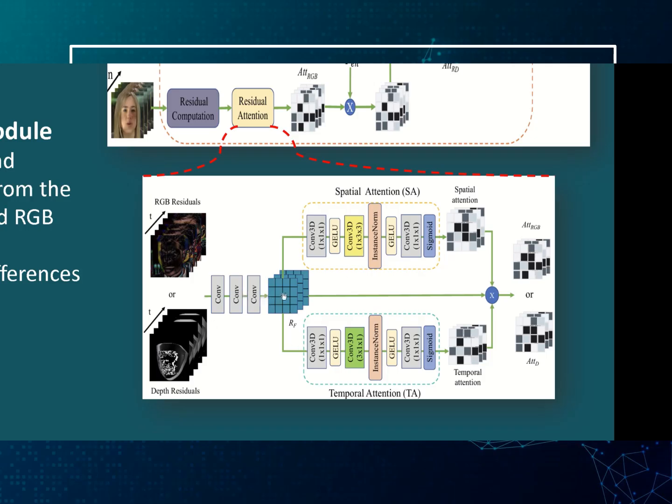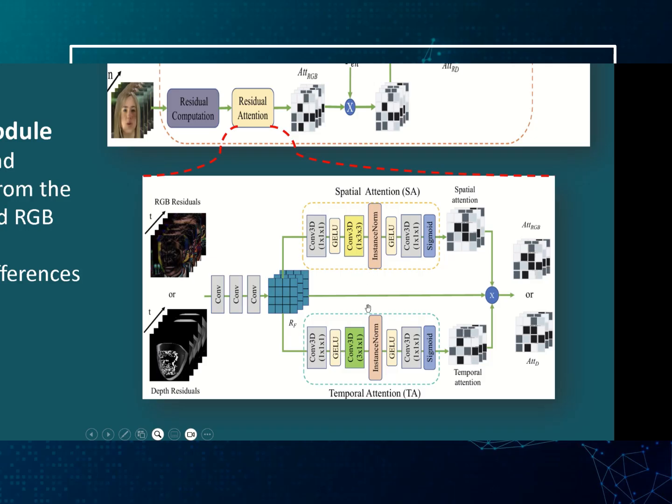After finding those features, these features are passed through the spatial attention to find the more important features and attention in the spatial domain, in the RGB features. And similarly, the temporal attention between the channels.